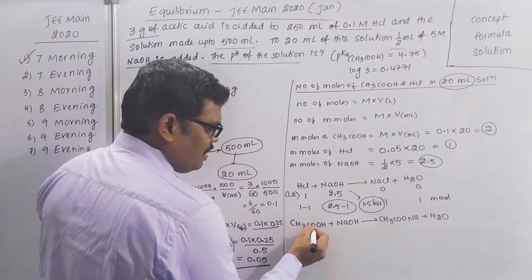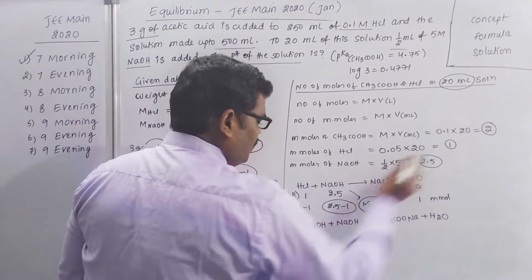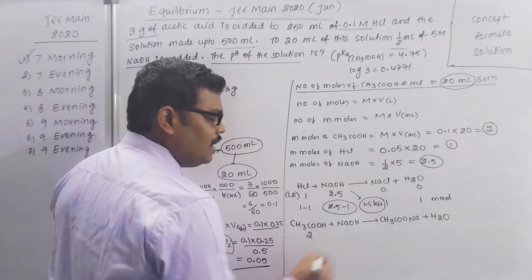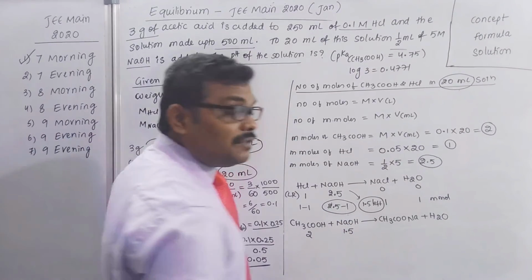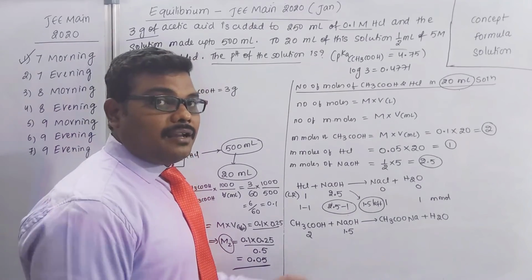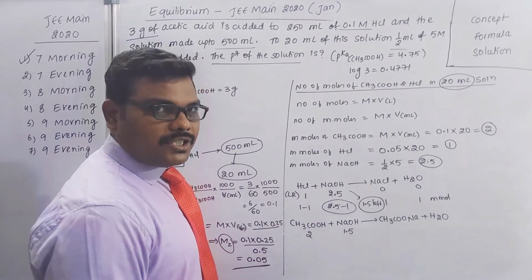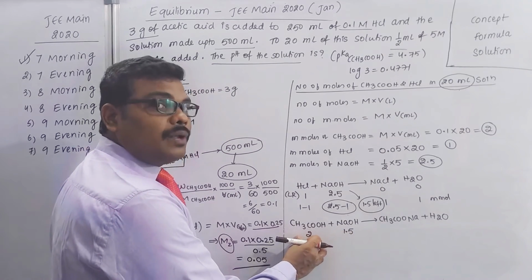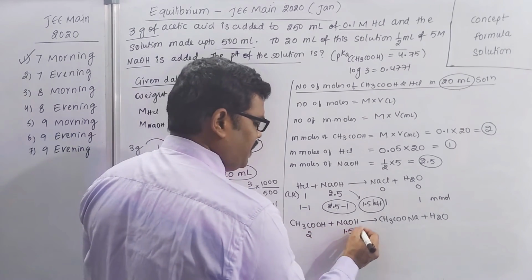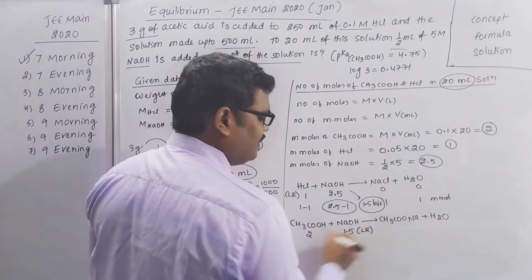See here, acetic acid millimoles are 2. NaOH millimoles are 1.5. Now from this you can say which is the limiting reagent. The limiting reagent is NaOH because 2 millimoles of NaOH is required to react with 2 millimoles of acetic acid. So millimoles of NaOH is less, that's why it is the limiting reagent.